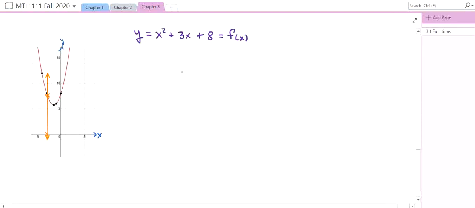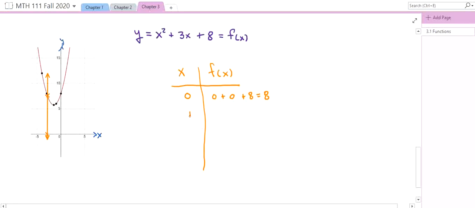One way we can figure that out is by creating a table of inputs and outputs. So when x is 0, y is 0 plus 3 times 0 is 0 plus 8 equals 8.